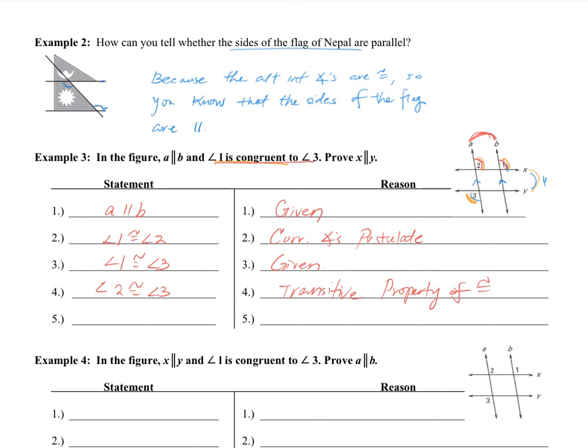And then, because angle 2 and angle 3 are congruent, we can say x and y are parallel by the alternate exterior angles converse.